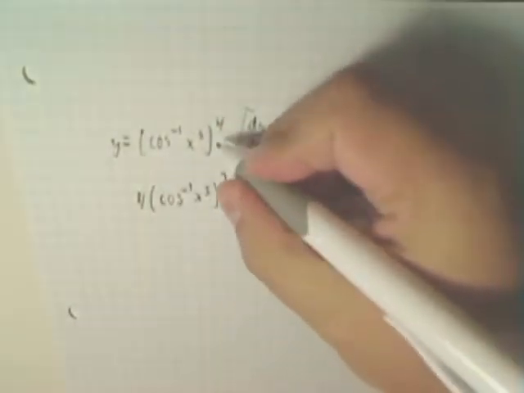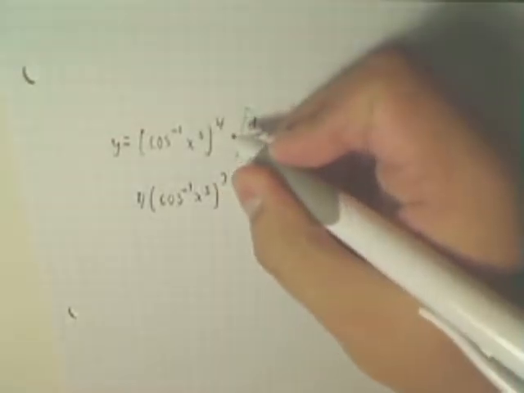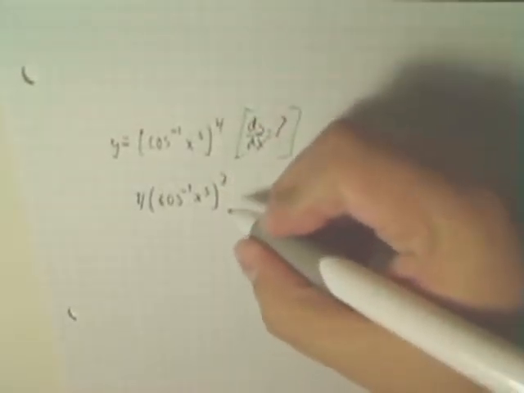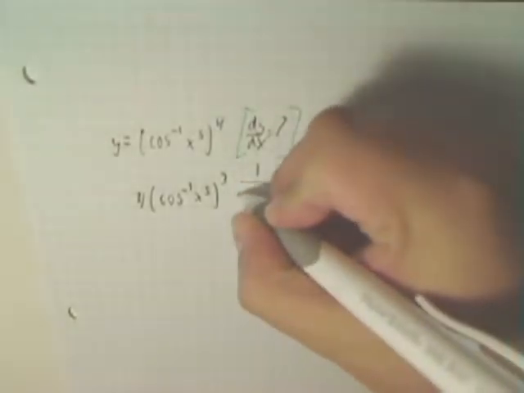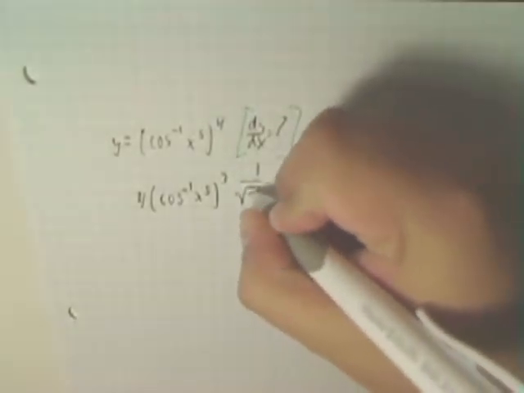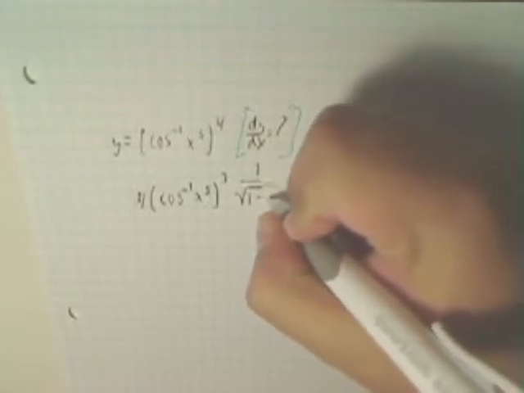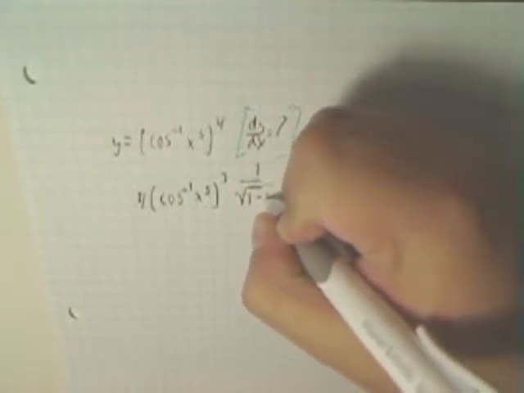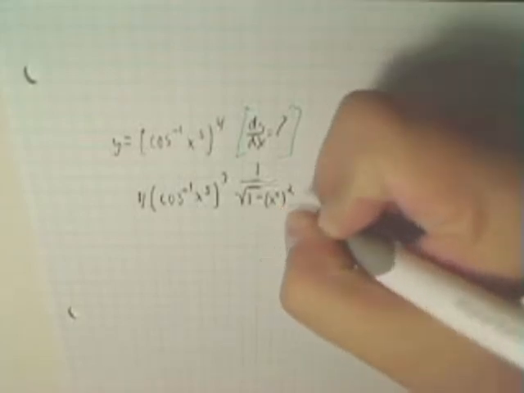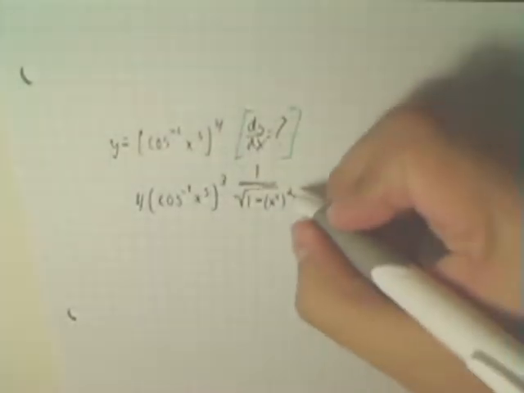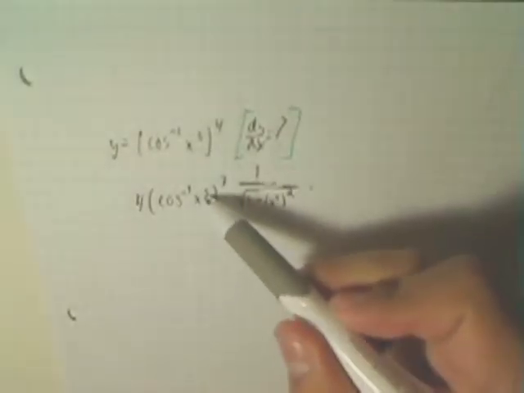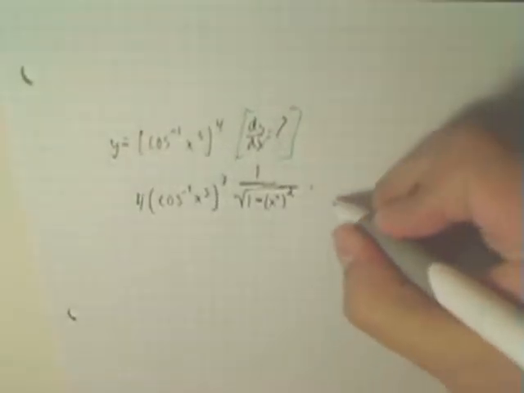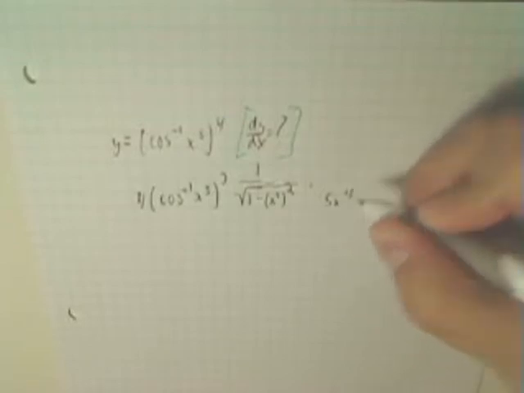and to the third, because of n minus 1, times the derivative of the inside, which is 1 over square root of 1 minus x to the fifth squared, times the derivative of the inside of the inverse cosine, which is 5x to the fourth.